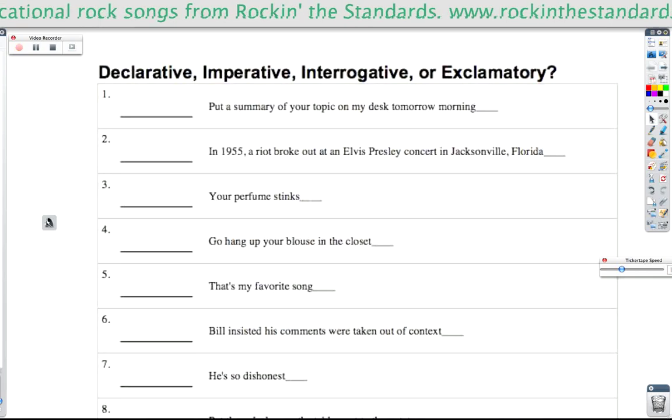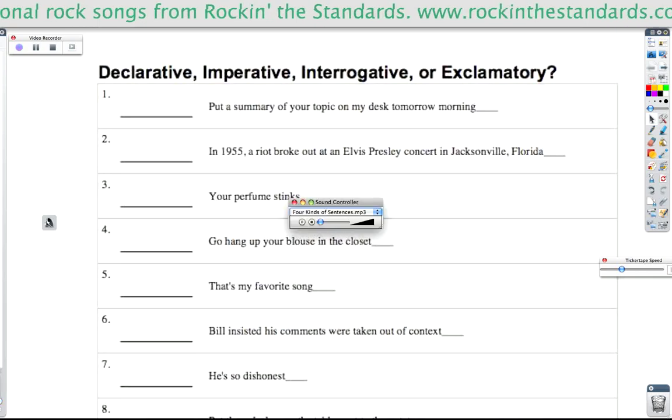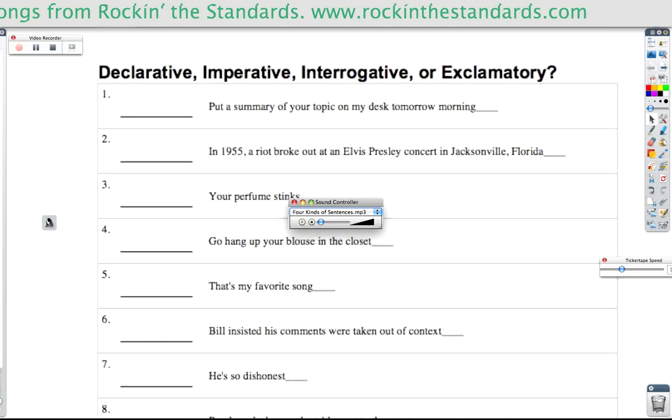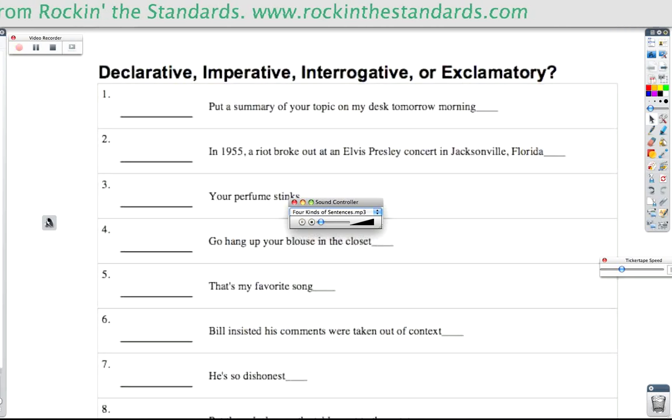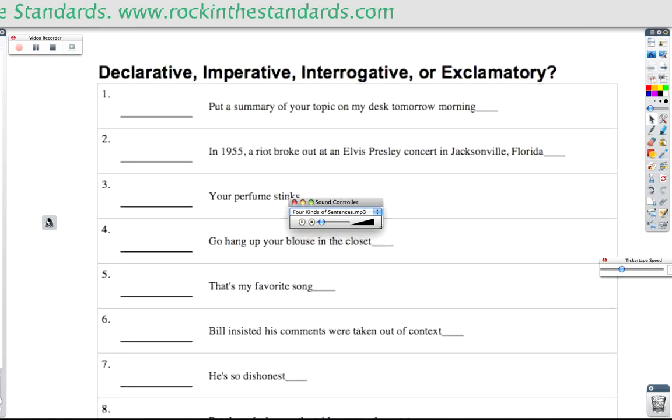So check it out. Well, a statement has another name. It's called declarative, my friend. Just tells you something plain and simple. Put a period at the end. If you ask about something in a question, interrogative sentence.